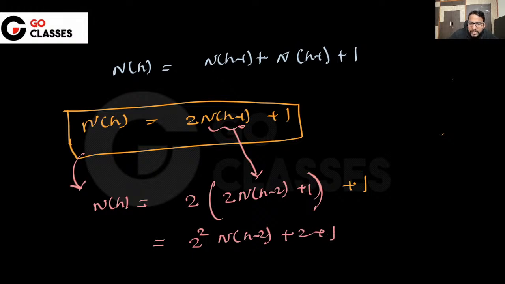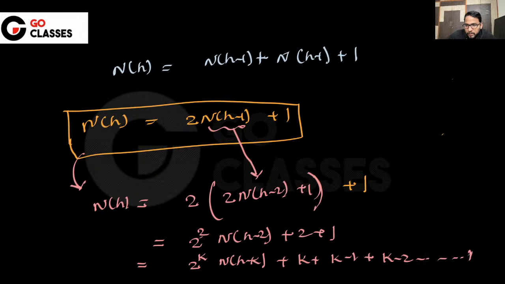Now if you do it k times, like you just did it 1 or 2 times, you see the pattern. It is 2 power k into nh minus k plus, this 2 and this 2 are matching, which means plus k minus 1, k minus 2, till 1.